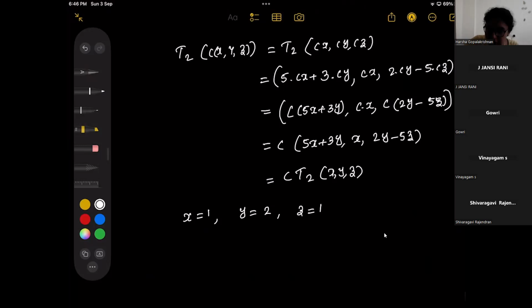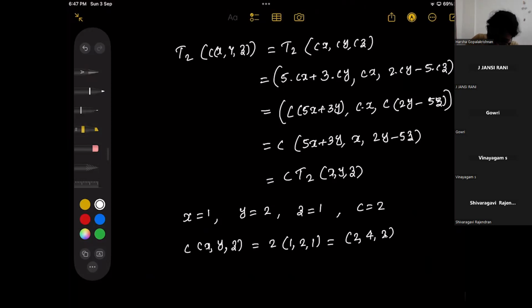And what is C? 2. Okay, C equal to 2. So first we will see what C(x, y, z) is. That means 2, 4, 2. So T of C(x, y, z) equals T of 2, 4, 2.